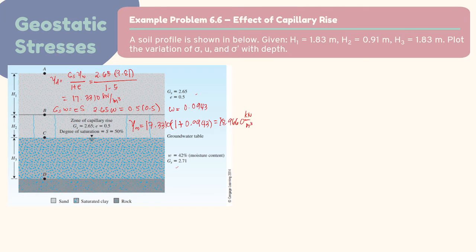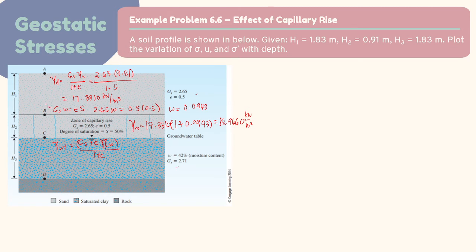And lastly, for the saturated unit weight of this soil layer, we can use the formula gamma saturated is equal to the specific gravity plus the void ratio times the unit weight of water all over 1 plus E. So we'll have to determine the void ratio of this one.